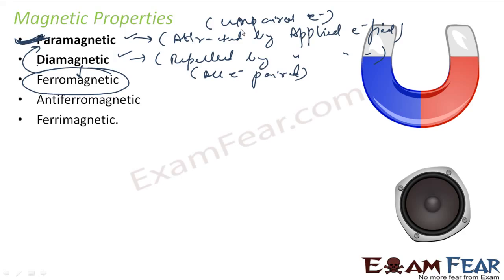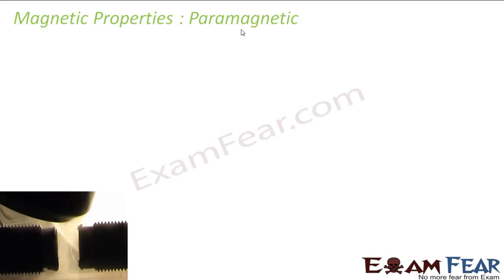Okay, so we'll see this paramagnetic. Paramagnetism is nothing but due to unpaired electrons, and they are attracted. For example, this particular element is being attracted by the magnetic field, right? They are attracted by the magnetic field.